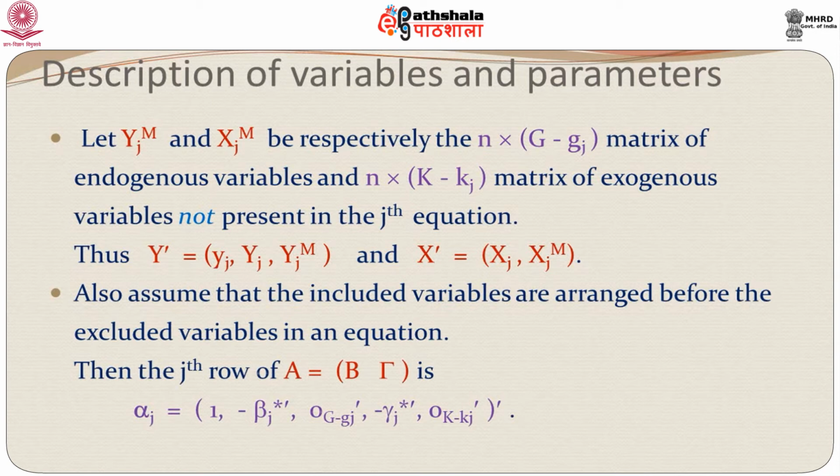Then you have beta j star prime with a minus sign, because if you remember how we wrote it before, this time we are taking all the variables on the right hand side except the response, and therefore, the sign becomes negative. Then you have the 0 for the left out endogenous variables. Then you have the exogenous variables which are in there, and finally the exogenous variables which are left out as a 0 coefficient again. So, the structure of alpha j, the jth row of the A matrix, would be this.